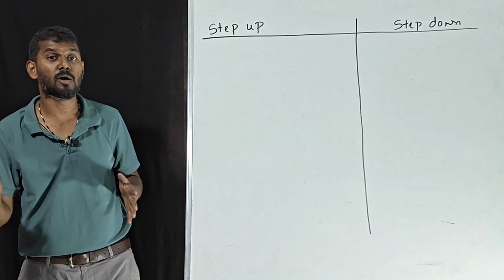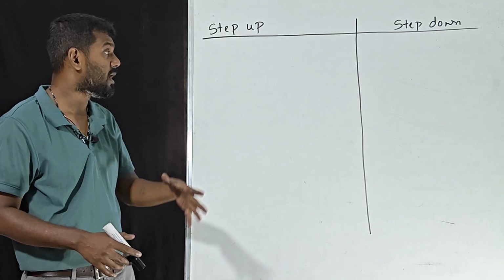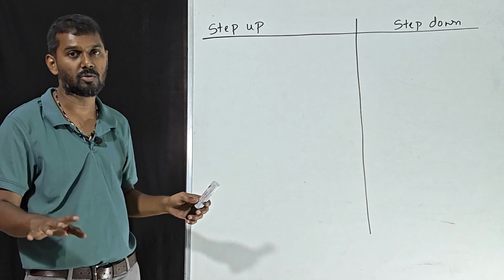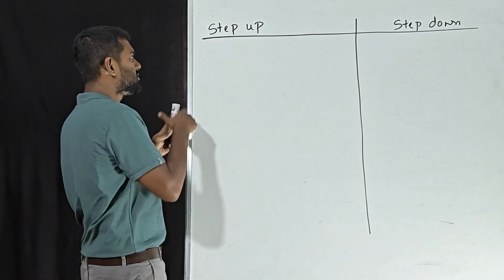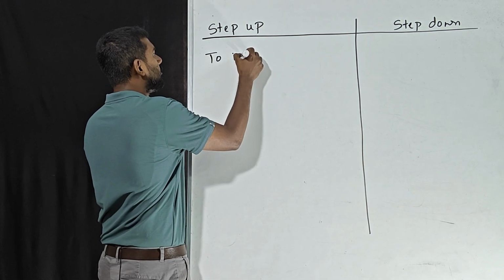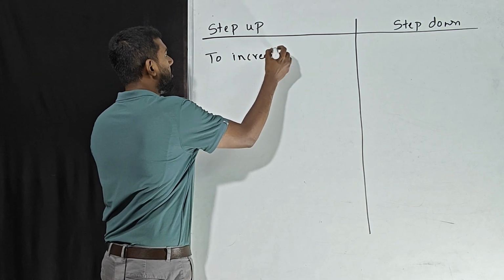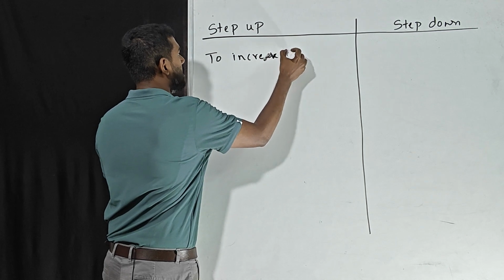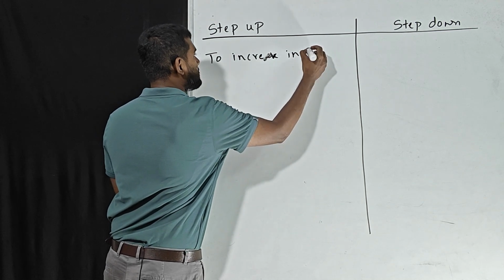If you have understood everything about step-up and step-down transformers, the differences will be very easy for you to understand. Listen, why do we use a step-up transformer? To increase the voltage.